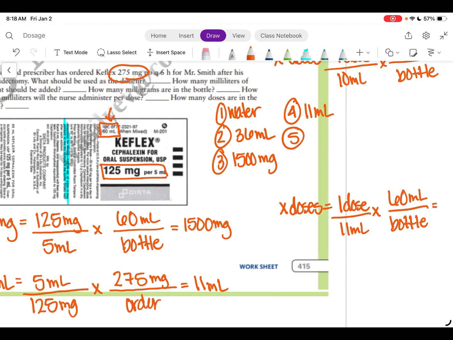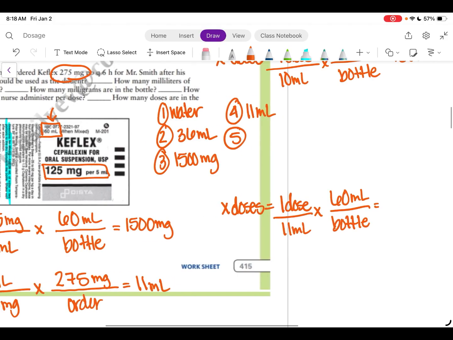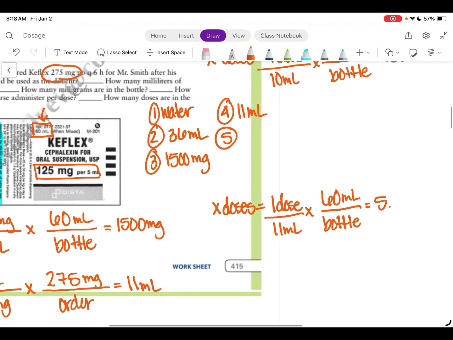So 60 divided by 11 gives us 5.4545, right? So in these cases, I have you round down. So it will be 5 doses, 5 full doses are available in this bottle. Okay?